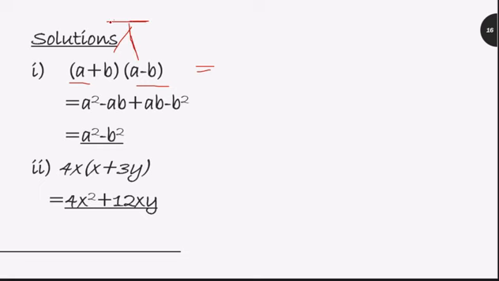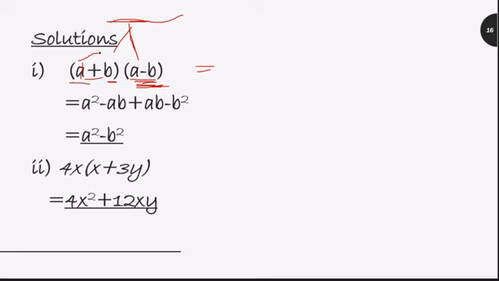So how do you multiply? You start by multiplying a with everything that is in the bracket on the right hand side. Then you come back and multiply b with everything that is in the bracket here. A times a, you get a squared. Then a times minus b, you multiply everything, including the sign before the letter.